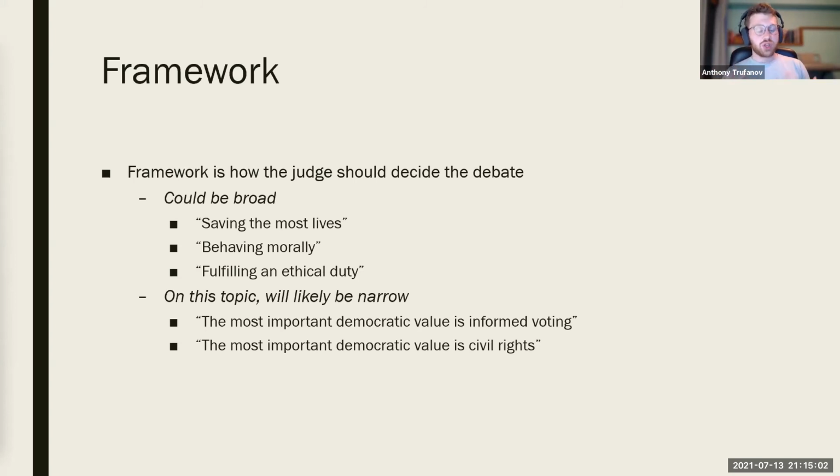So how the judge should decide the debate is saying, well, should the judge decide who's better based on which animal requires less work, or based on which animal is more useful? If the judge should decide the debate based on which is more useful, the judge might vote for the dog. But if they want to decide the debate based on which animal is less work, they would vote for the cat. Another way to think of it is it's the criterion, or the measuring stick that you use to decide which argument has more value or more merit.